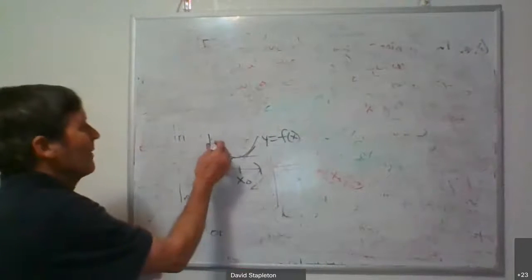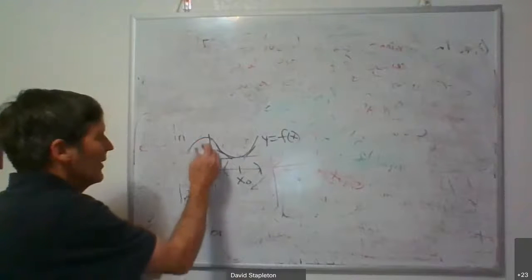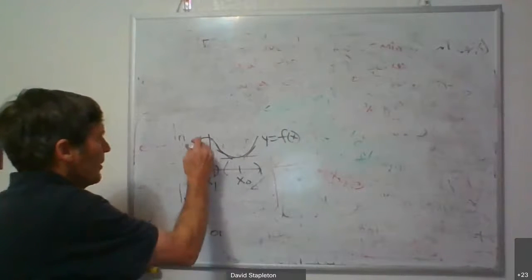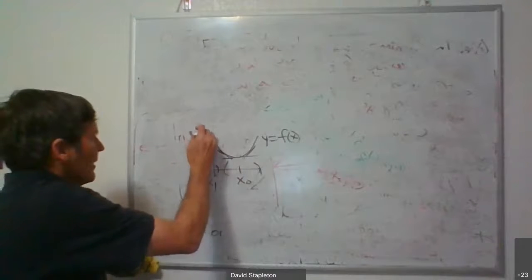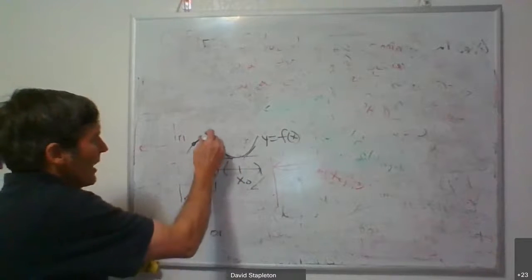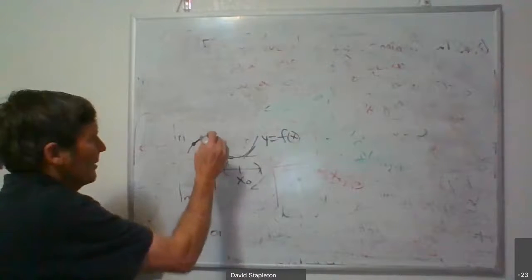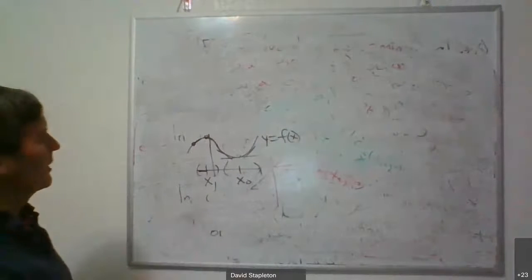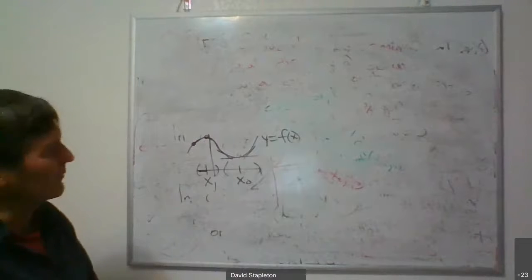On the other hand, we had something like that, where near the critical point x1, on some interval, no matter how small, the derivative was positive on this side and negative on this side, then you know it's a relative maximum, F of x1. We call that the first derivative test.